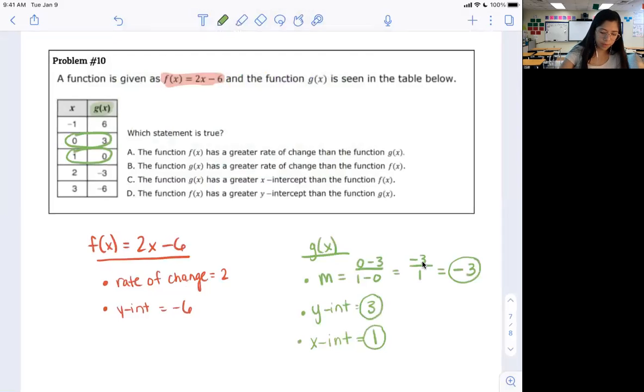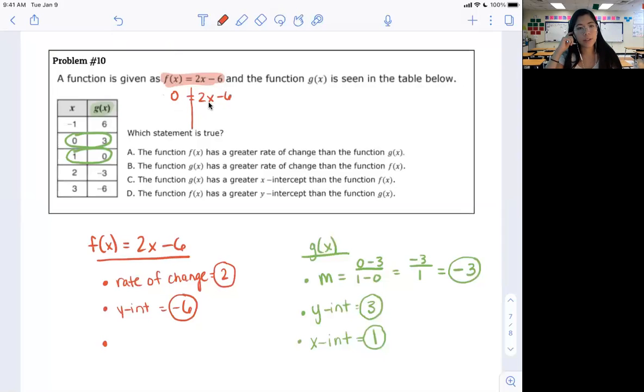Now let's finish off with f of x, because I'm still missing the x-intercept. But remember what we just noticed from the table. On a table, the x-intercept is wherever y equals 0. So on this equation, I can make y, aka f of x, equal to 0. And now I have a little equation, and I can solve that little equation and figure out my x-intercept.